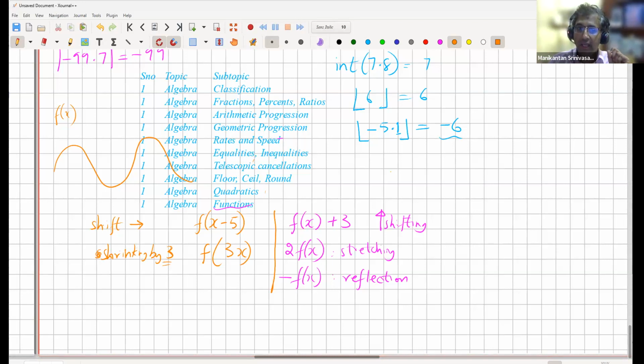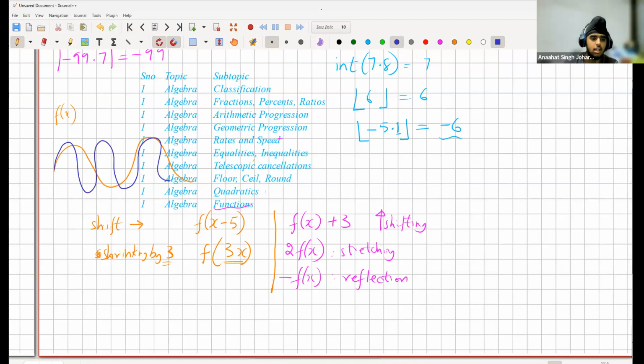Exactly. Just to repeat what Apurva said: in this case, f of 3 times x, 3 is a number greater than 1. So f of 3x is actually shrinking, which means the sinusoidal in this example will now become like this. It'll oscillate more frequently. Yeah, exactly.